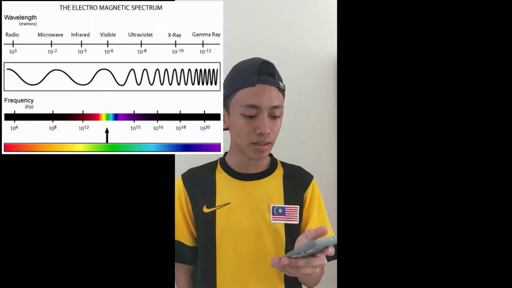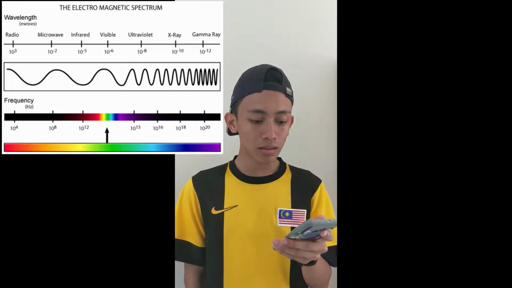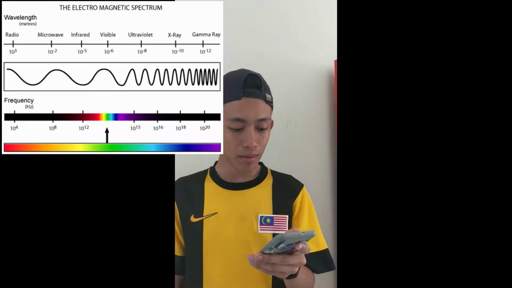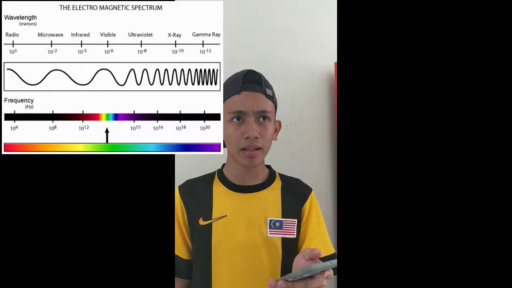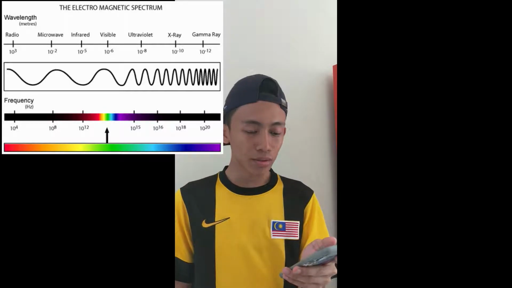Now I'm going to talk about the graph of electromagnetic waves. There are many types of waves, such as X-ray, sun lamp, heat lamp, microwave oven, TV, and radio or AM radio. There are many colors of electromagnetic wave, such as blue, green, yellow, orange and red.